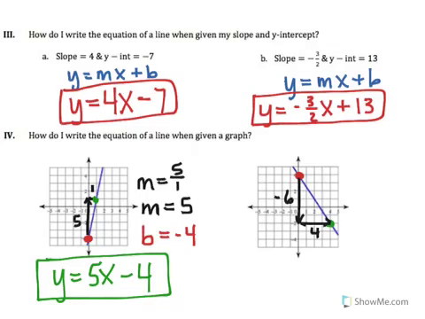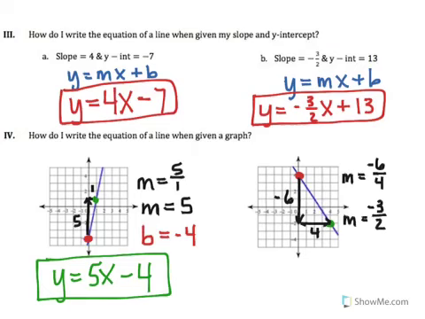So once again, I need to look at my slope. My slope is -6 over 4, which then simplifies to -3 over 2. I want to leave it as a fraction.